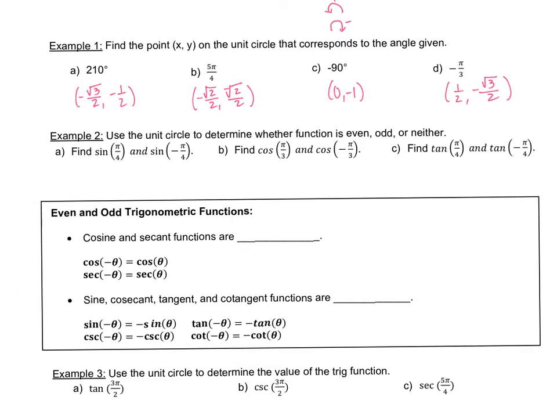So for example 2, they ask you to use a unit circle to determine if the function's even, odd, or neither. So in the last chapter, we learned that for evens, it means that if you were to plug in a negative number versus a positive number into a function, so a positive x or a negative x, they are equal to each other.